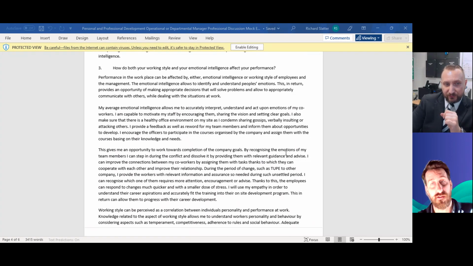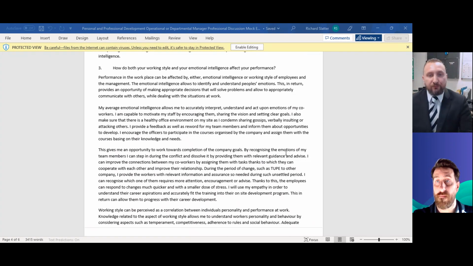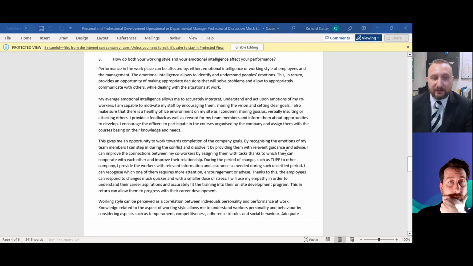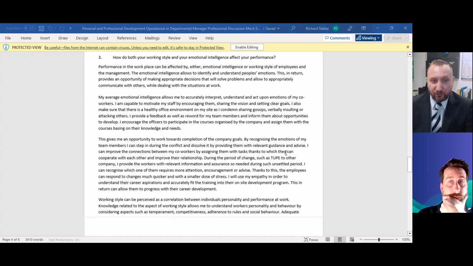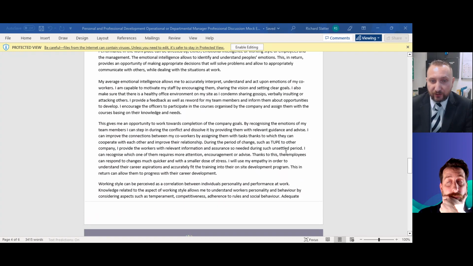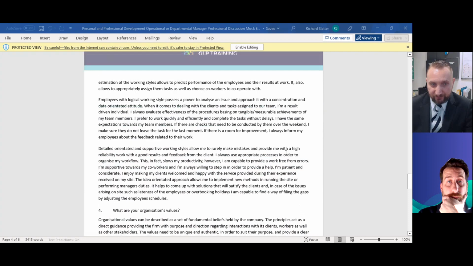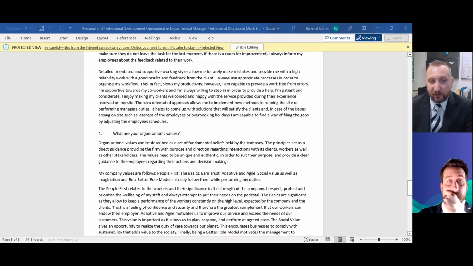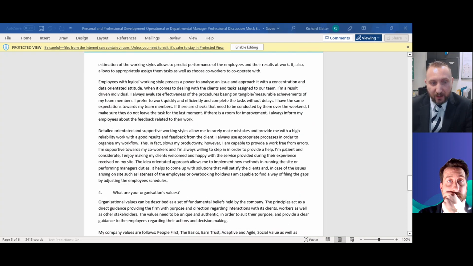Thanks to this, the employees can respond to changes much quicker and with a smaller dose of stress. I will use my empathy to understand their career aspirations and accurately fit the training into their development program. This in return can allow them to progress with their career development.